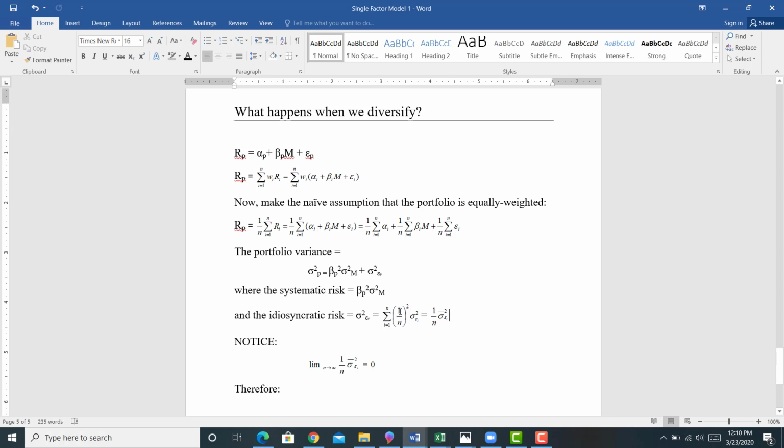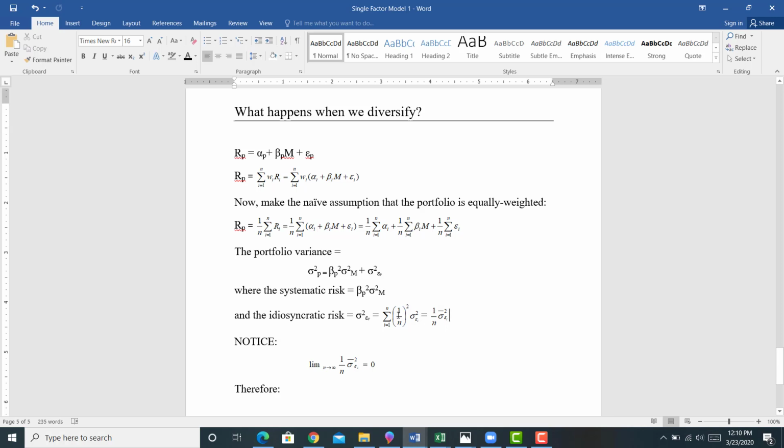If I pull one of the 1 over n's outside of the summation and include 1 over n inside, I can get the average. So this is the variance of epsilon i. The line above that just means that's the average of the variance of epsilon i, and I still divide that by n, because I had to square my weight here.